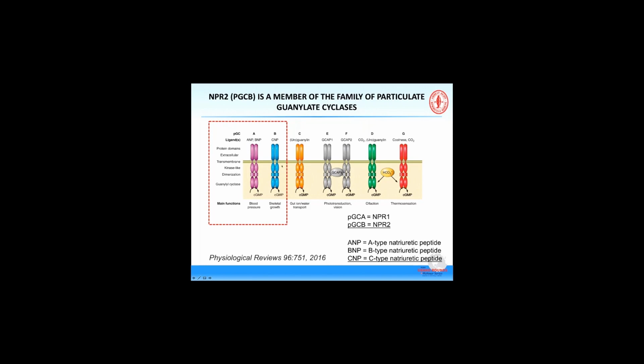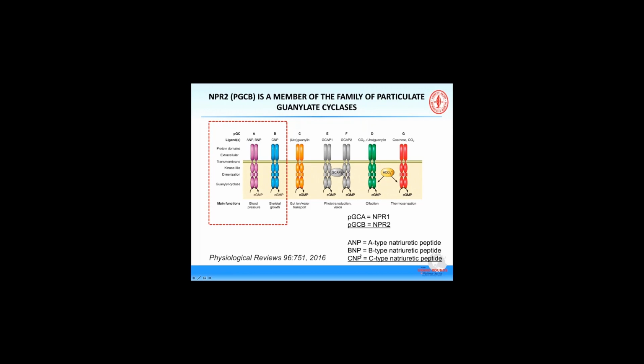The ones that are important for reproduction are these two in here. The so-called PGCA, which is also known as NPR1, or PGCB, which is also known as NPR2. PGC stands for particulate guanylate cyclase, and NPR stands for the receptor for atrial natriuretic peptide.